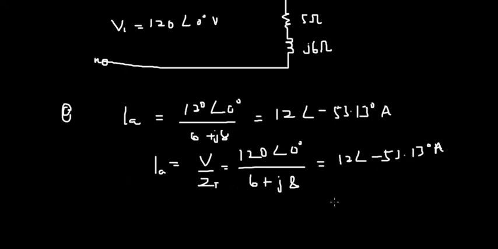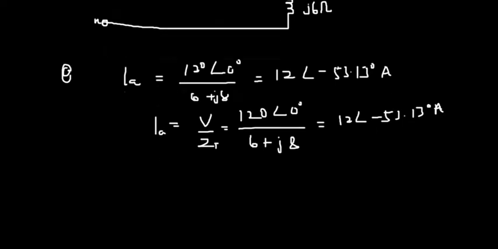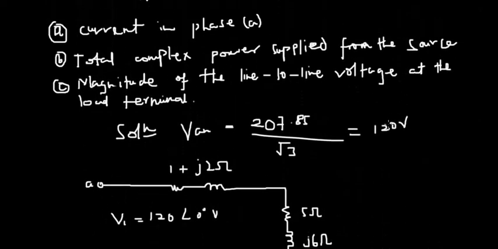Now let's move on to B. For B, we are calculating the total complex power supplied from the source.